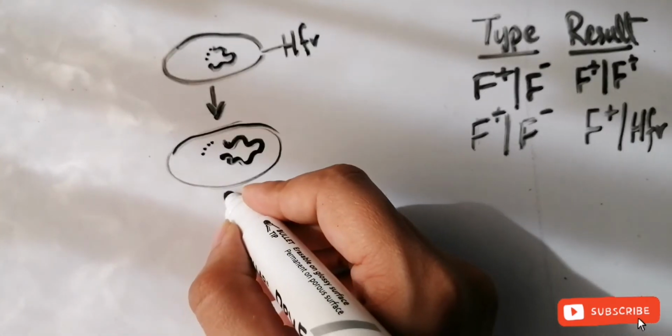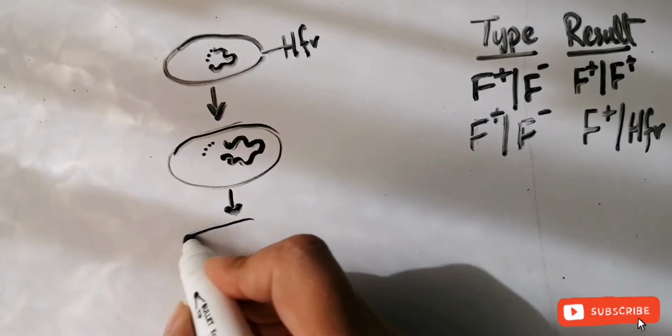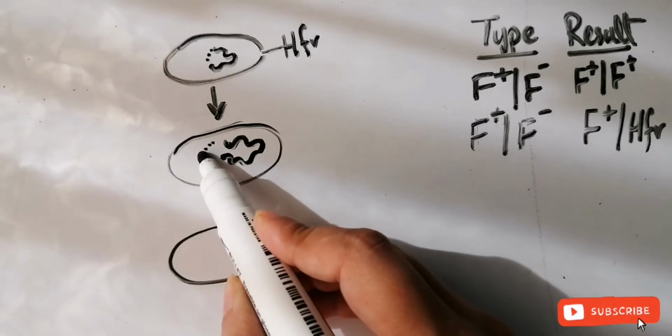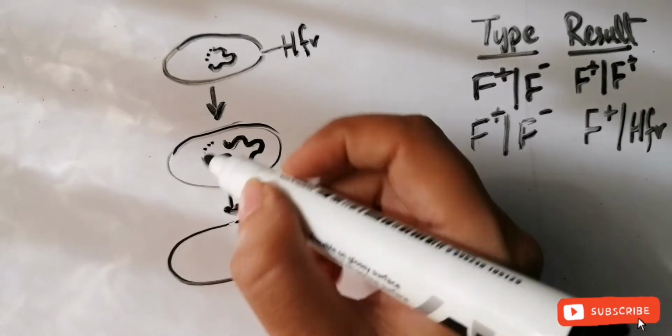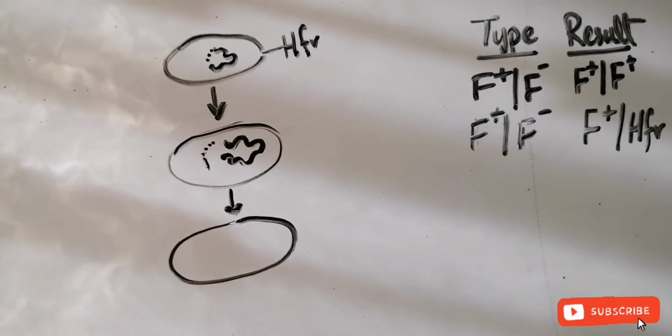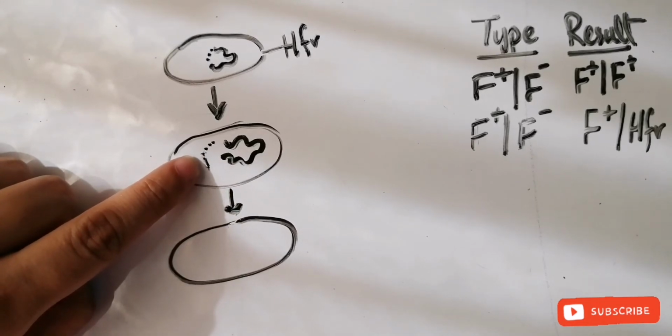Ultimately, when the segment of plasmid chromosome separates from the chromosome of the bacteria, it takes some part of the bacterial chromosome along with it, a little segment of the original bacterial chromosome is also pinched out with the plasmid chromosome.